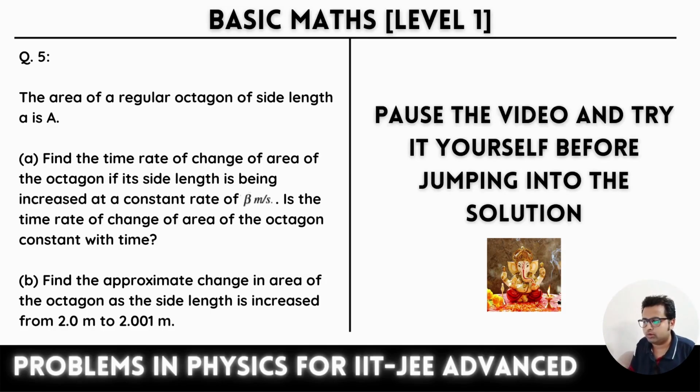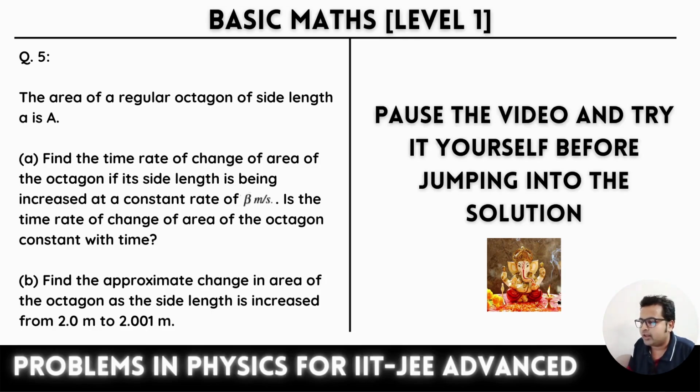So from the question you can see that the side length is increasing every second, because when we talk about rate, the term is time. So beta meter per second means every second the length is increased by beta units. So every side of the octagon is getting increased, so the octagon is getting bigger.